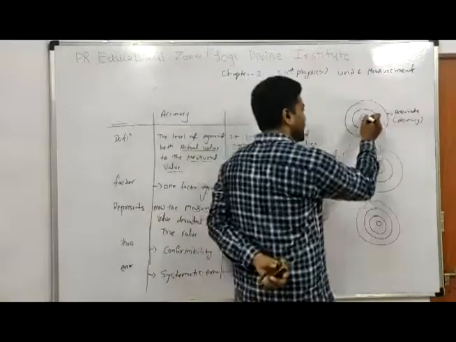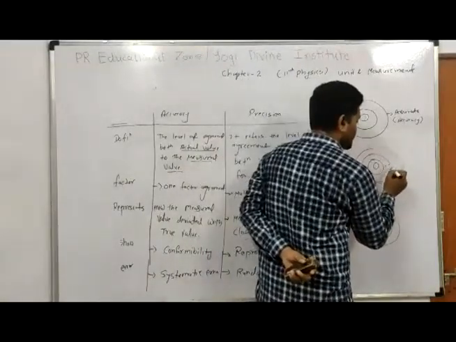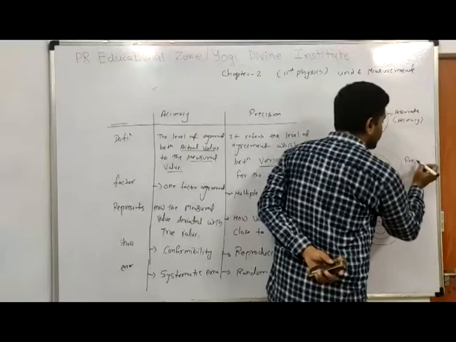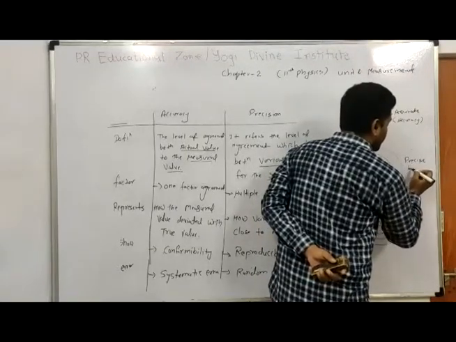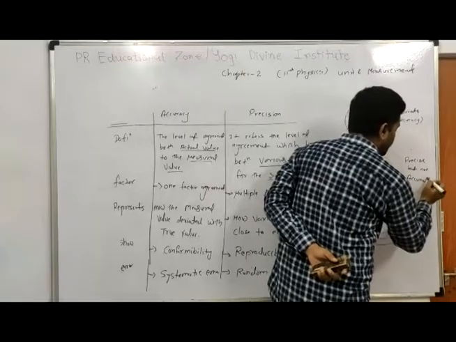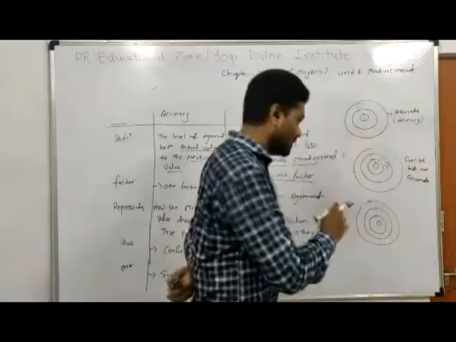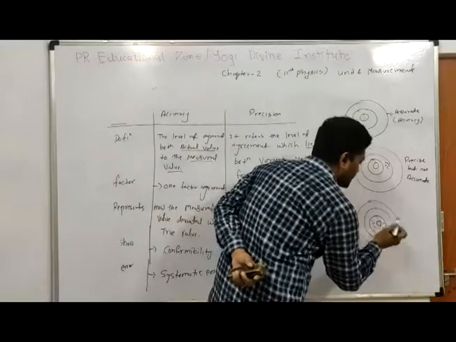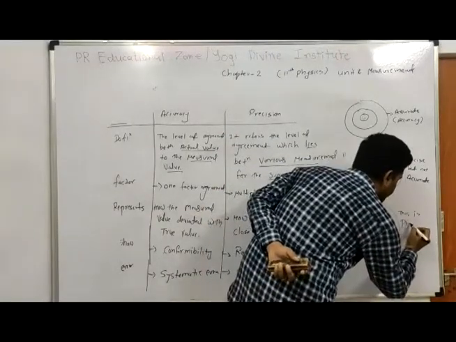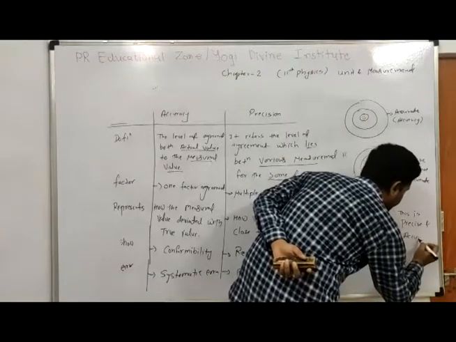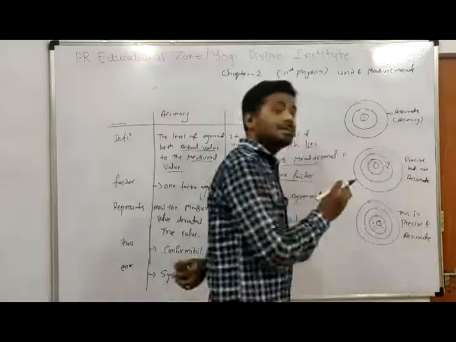But in this case, suppose these points are the certain measured values, so this is precise but not accurate. But in the third case, when all my values lie over here, several values are there, so this is precise and accurate.